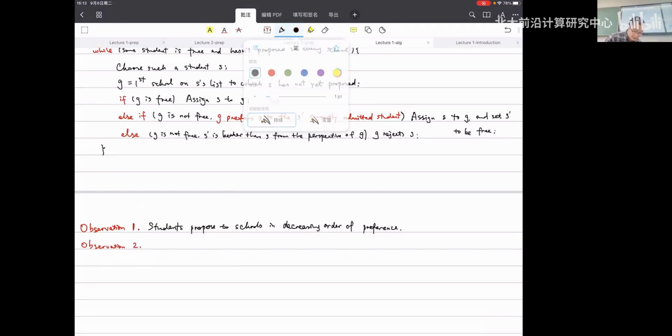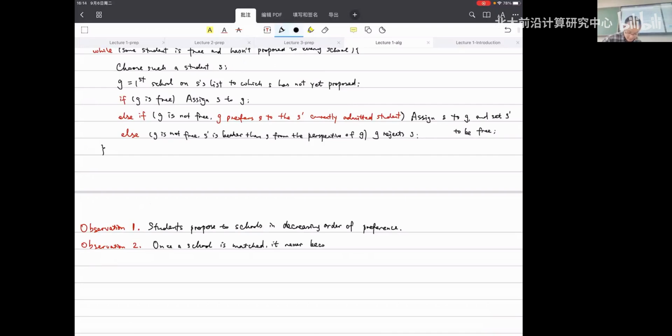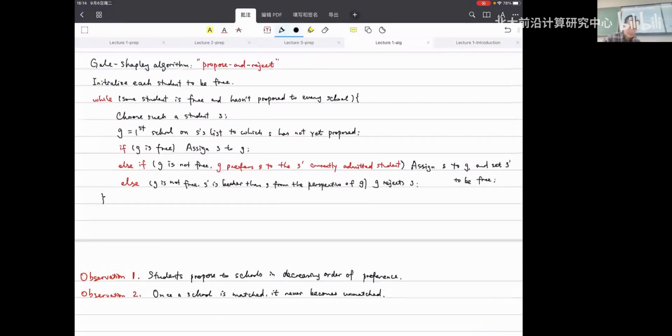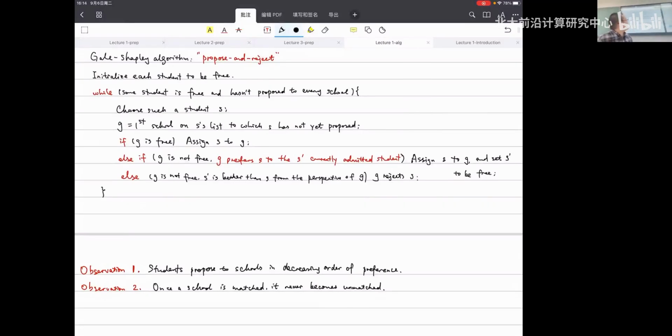Observation 2: once a school is matched, it never becomes unmatched. This is natural from the point of view of our algorithm. The while loop is about the students, but when the schools get matched, it depends on the if and else conditions. In the if case, the school G is free, and then it is assigned.